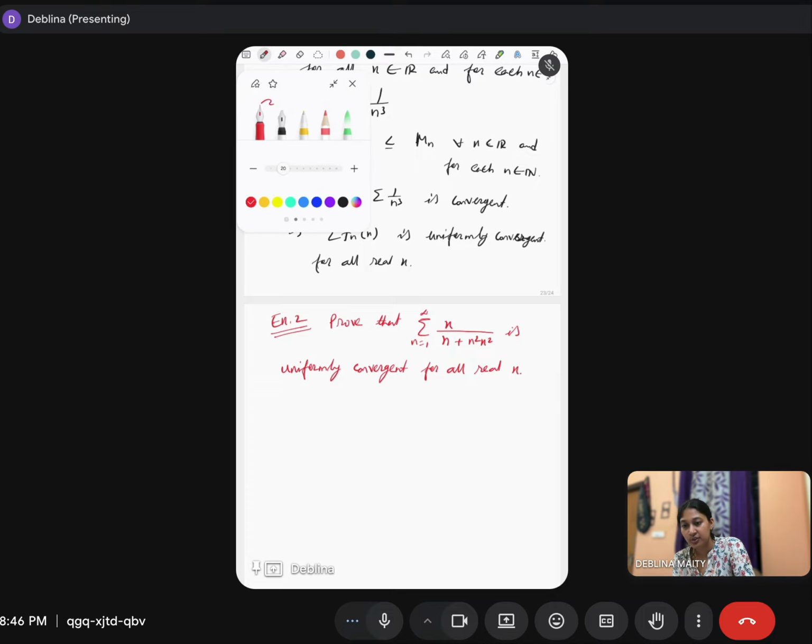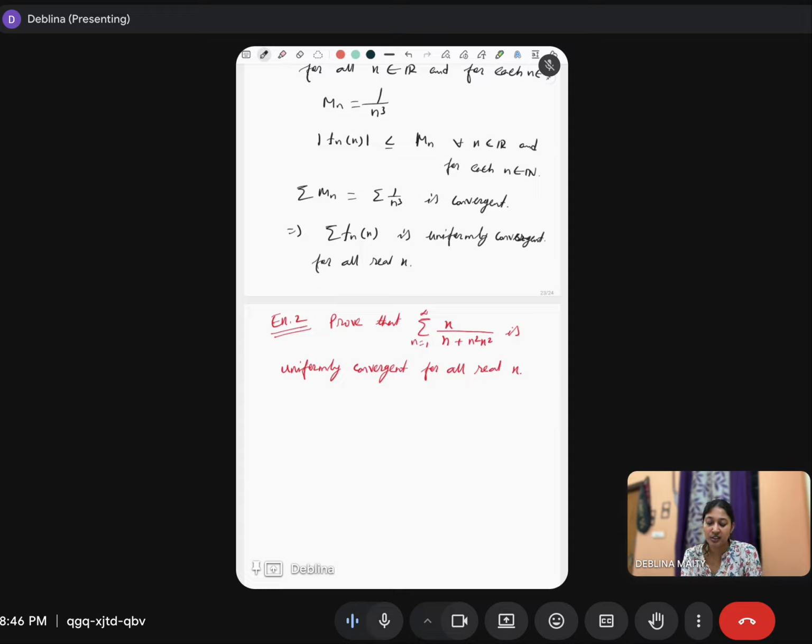So here again we have to prove that this is uniformly convergent for all real x. So here f_n(x) is x by n plus n square x square, right?